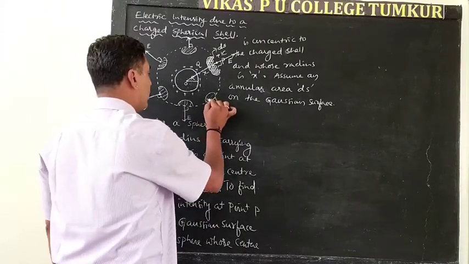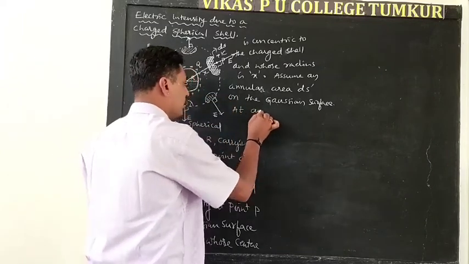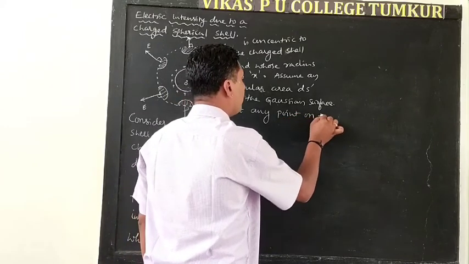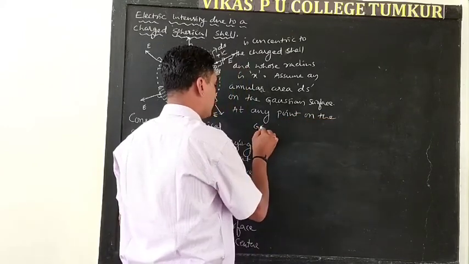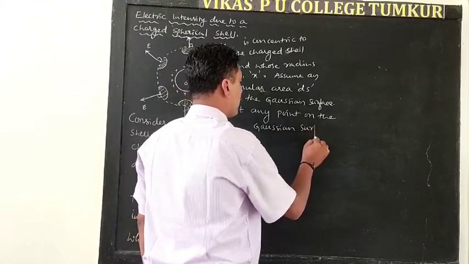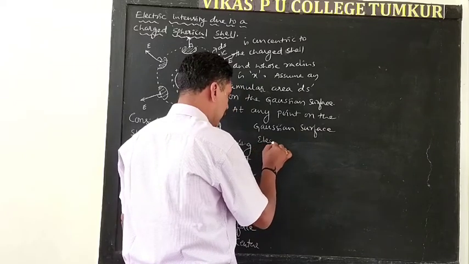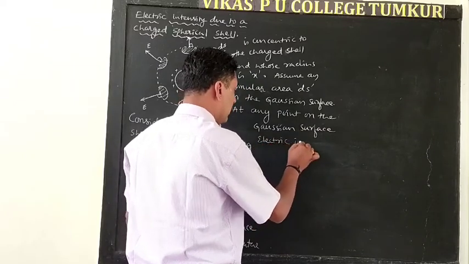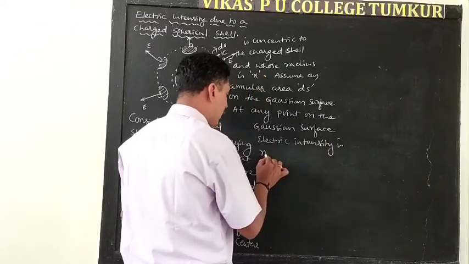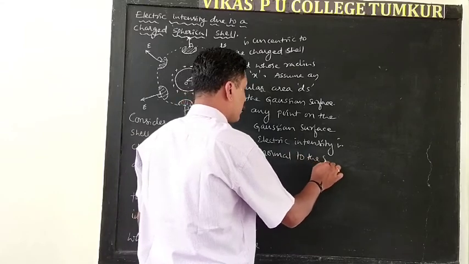So I will make a note here. At any point on the Gaussian surface, electric intensity is normal to the surface.